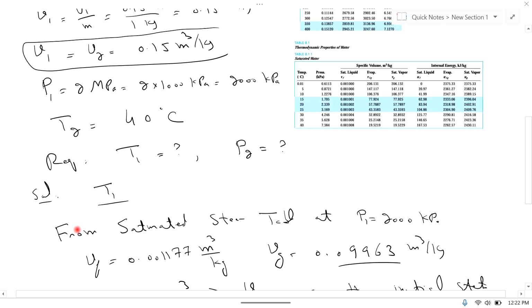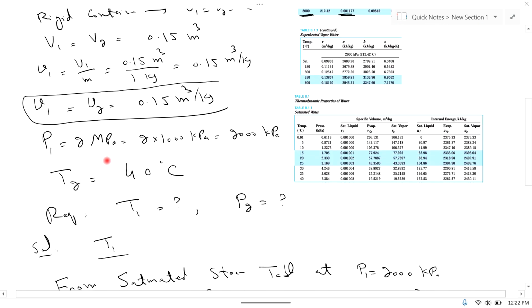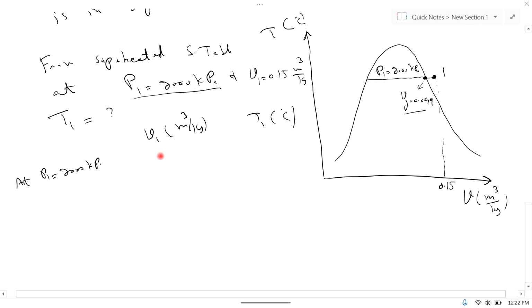So if we check the superheated steam table, this is the superheated water table. So here, in volume, 0.13857 and 0.15120 are available.